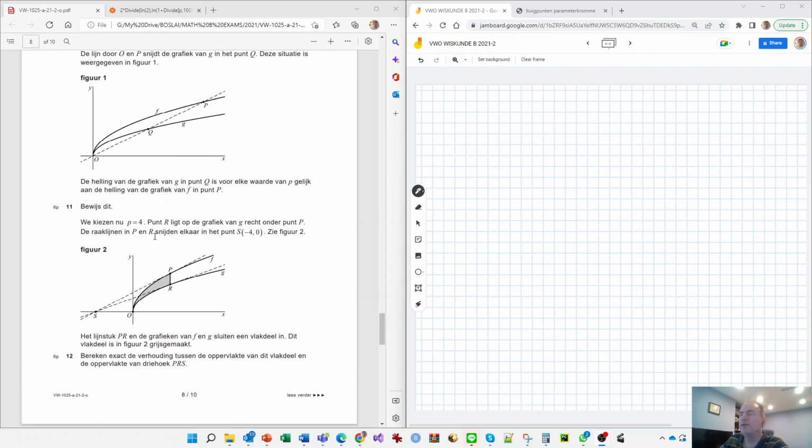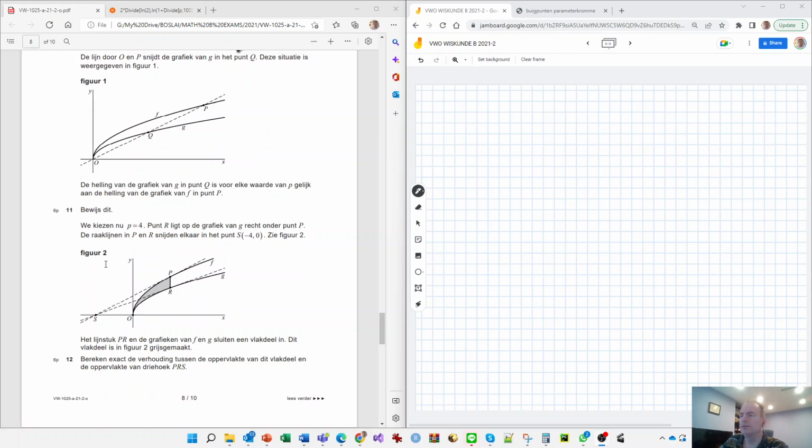Question 12. P equals 4, and there is a point R on G right beneath point P. So they have the same x coordinate 4, and then the tangents at P and R intersect each other at (-4, 0). Does that make sense?